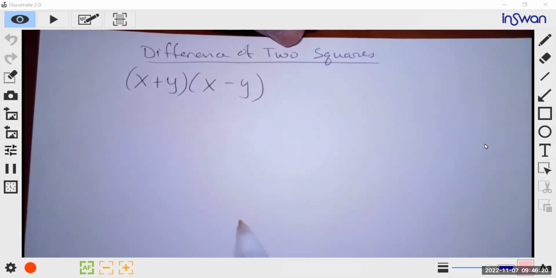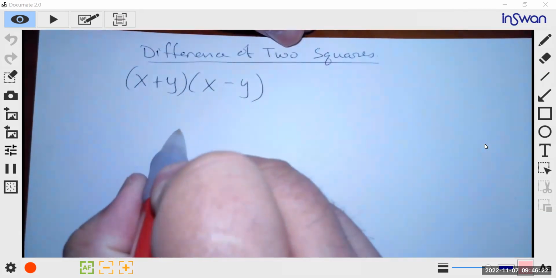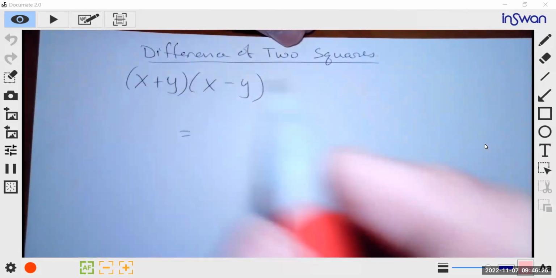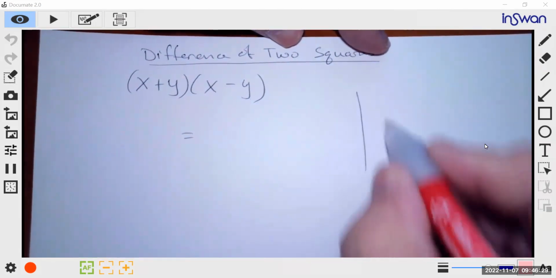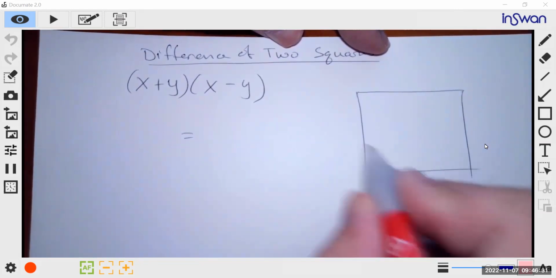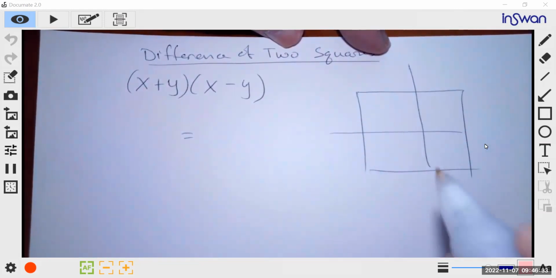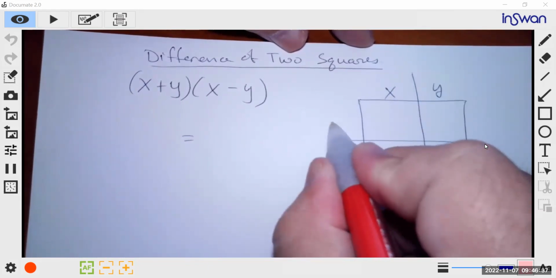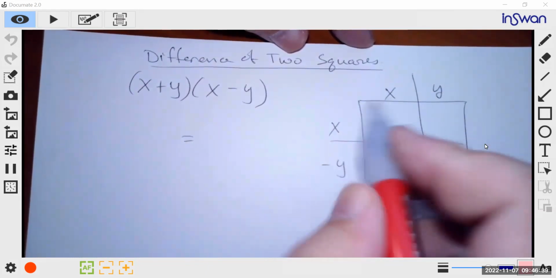Let's see what happens here. If we multiply these out, let's keep it clean. Let's use the rectangle box. So we have x and y, x and negative y.